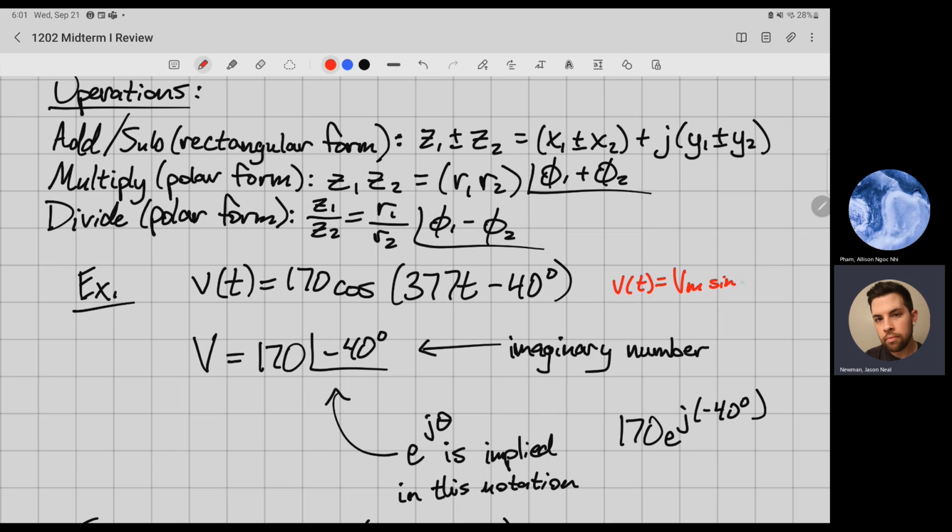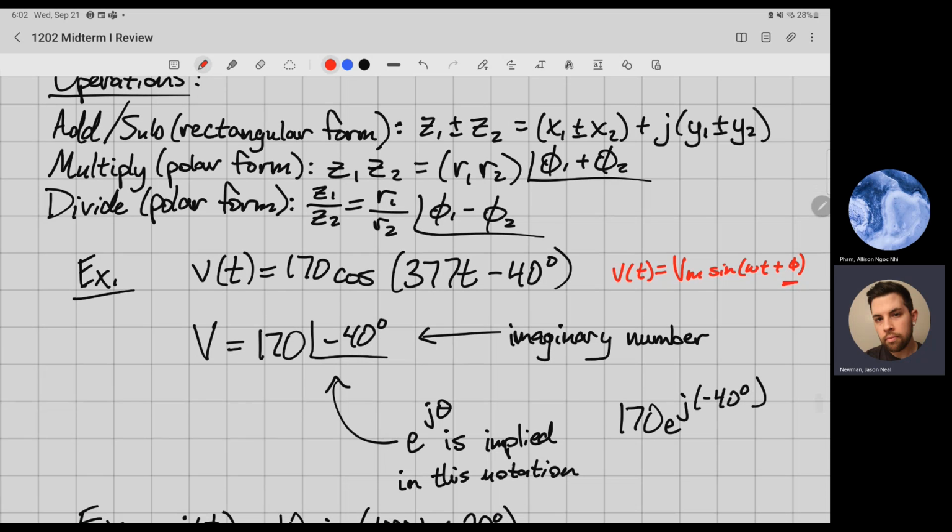So Vm is right here, and this value plus phi is right here. So basically, you just literally translate this notation into this notation. It's just verbatim. That's how you do that.